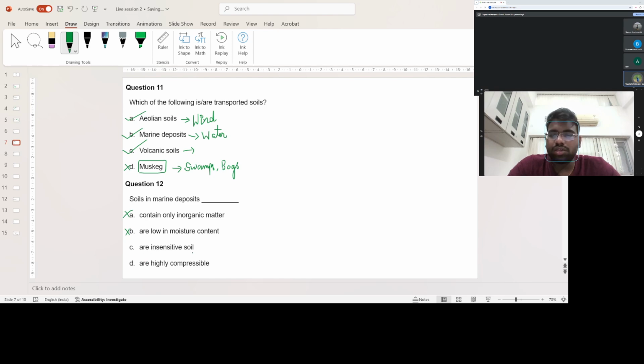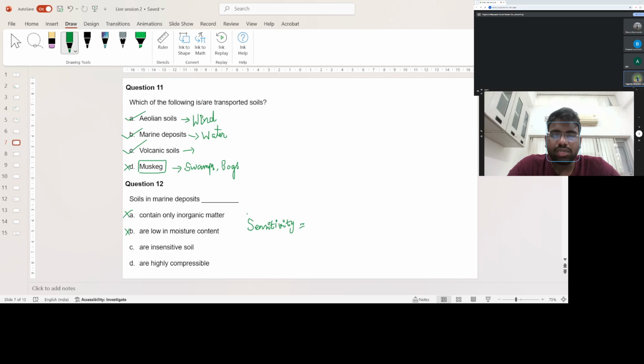And insensitive soil. So we have to define a property known as sensitivity of the soil. The exact definitions you will be studying a little later. To give a brief idea, sensitivity is a property by which a soil loses its strength properties upon disturbance, or the strength of the soil may vary upon disturbance.